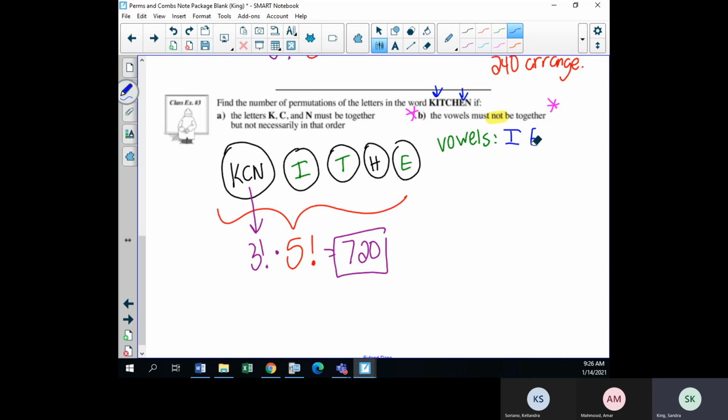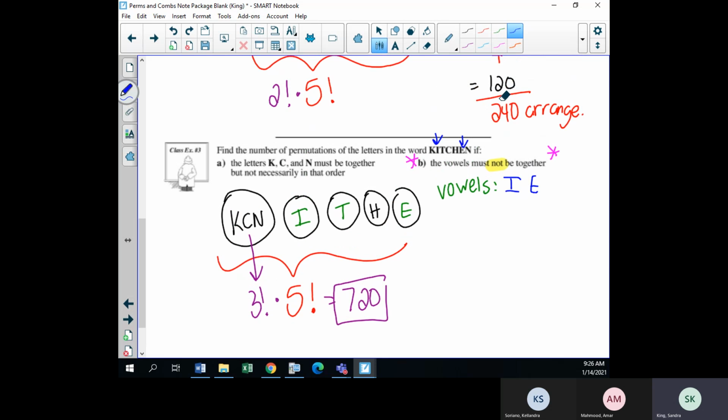Now, this is something called the complement. In math, and I want you to write this down, when you do the opposite of something, it is called the complement. So in permutations and combinations, you are going to be doing the complement whenever I tell you these things cannot be together.